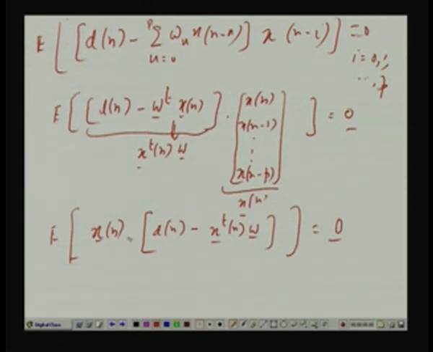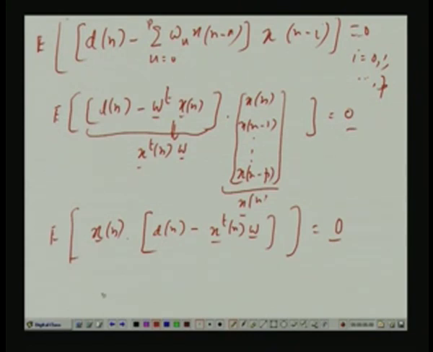So we get a cross correlation between the process d n and x n, for lag 0, lag 1, lag 2, lag 3, and because of stationarity that becomes independent of n, because x n and d n are assumed to be jointly WSS. So what you get is a cross correlation vector p, which I will define separately, minus E of x n x transpose n.